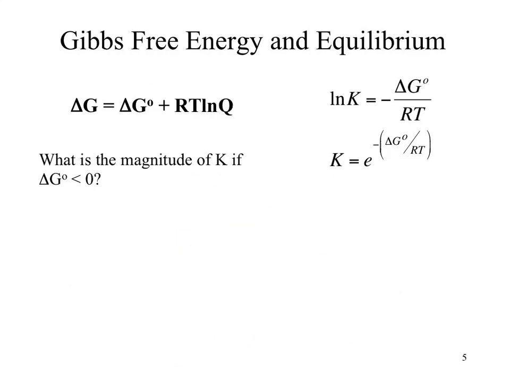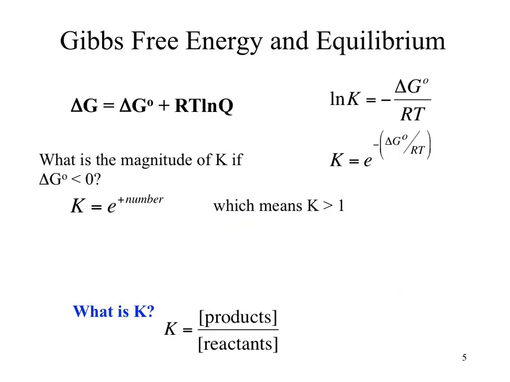Okay? So let's go through and see what happens. Okay? So what we'll do is take some guesses at it. We've got K as our products over reactants. Okay? So K is equal to e to some positive number. Why would K be equal to a positive number? What do we say delta G was?